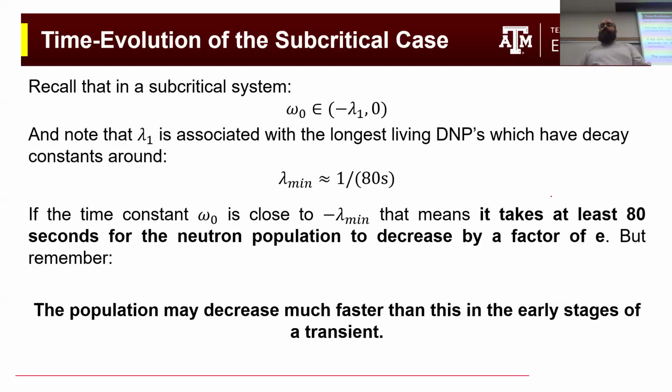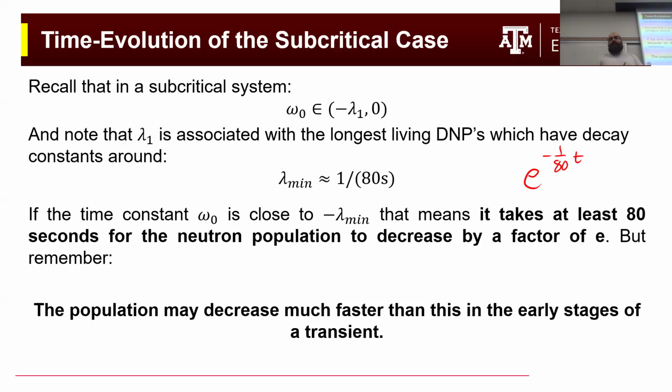If my solution looks like e to the negative 1 over 80 t, then after 80 seconds, if I plug in an 80 for t, my initial population would be decreased by a factor of e.